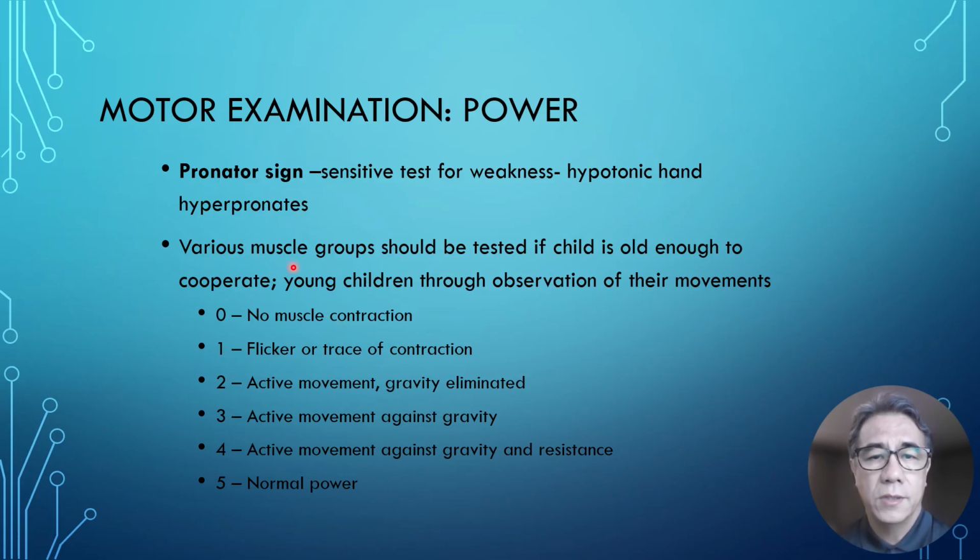So you test each muscle group and try to put a grade into that muscle group, either left or right. And a pronator sign is also a sensitive sign of weakness. The hypotonic hand hyperpronates. There are other maneuvers like the arm roll, which can help you localize which arm is weaker than the other.